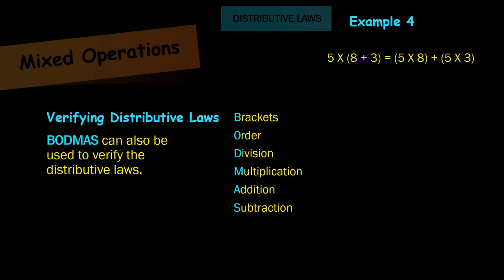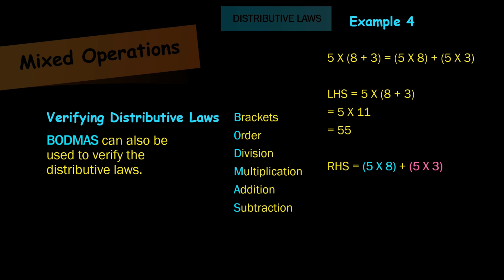Let's do the brackets first. 8 plus 3 equals 11. Now let's do the next operation. This is multiplication. 5 times 11 is 55.